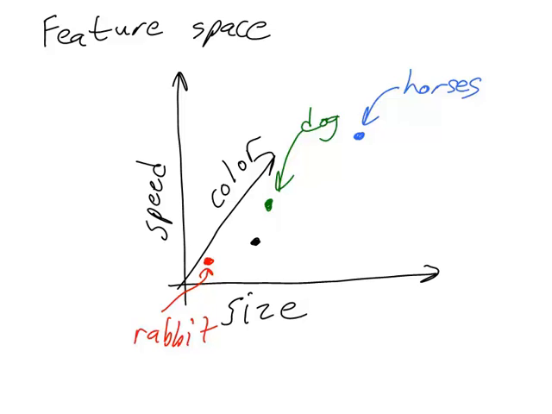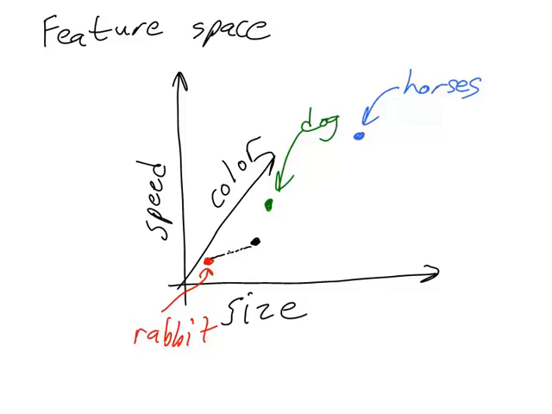If we assume that all objects are either rabbits, dogs, or horses, for example, supposing that we've already put the objects through the process of eliminating all objects that are not important to us, then we'll take each unknown object and calculate its distance, that is, the Euclidean distance between the two vectors.